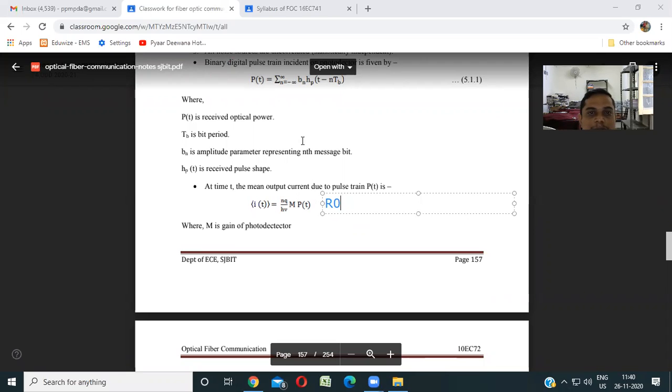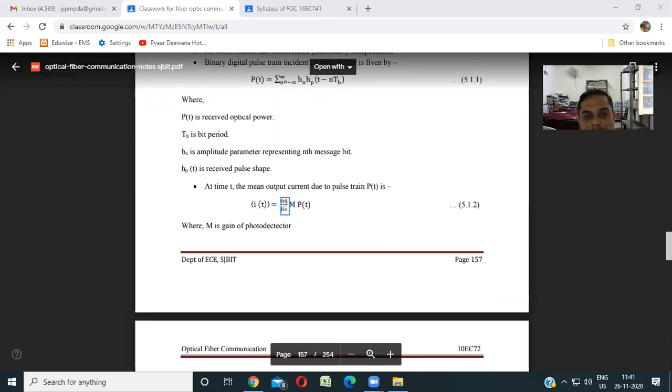So this equation is nothing but the responsivity. Okay, so this is the responsivity.